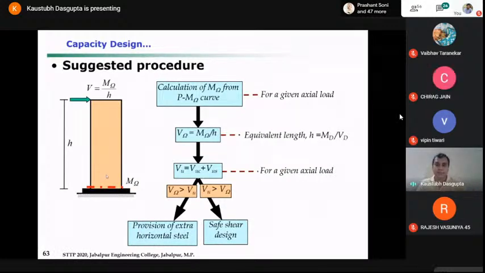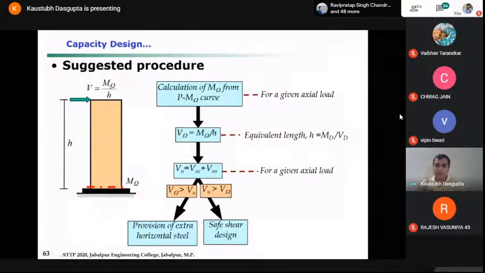From there you will get this V_us, and V_uc is the same as the shear capacity of the concrete. So that tau_c bd, whatever we use for a rectangular section, is also applicable. All these are given in 13920. So you check the shear capacity, whether the shear design is safe or not. So when this moment is generated based on the actual stress strain curve, that M omega you have to consider.